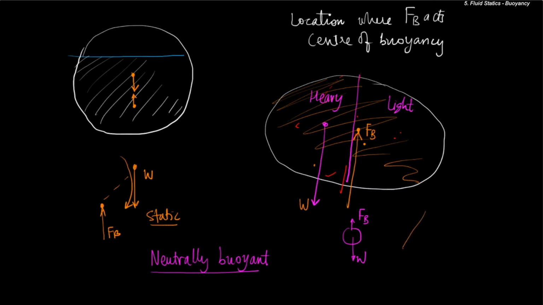So suppose you have a flow in this direction and you want to measure how the flow looks like. So you put a neutrally buoyant particle. Now suppose the flow varies in the z direction. If the particle is neutrally buoyant, it will not have a tendency to rise or sink in the fluid. It will try to maintain the same plane, as a result of which we will be able to obtain the true velocity.